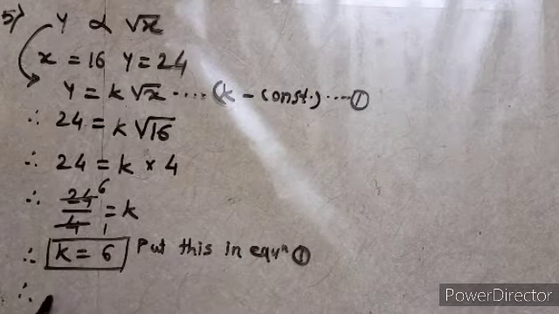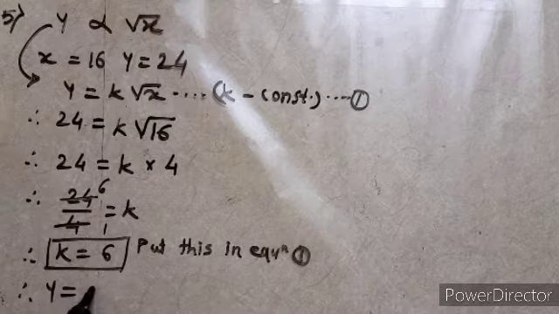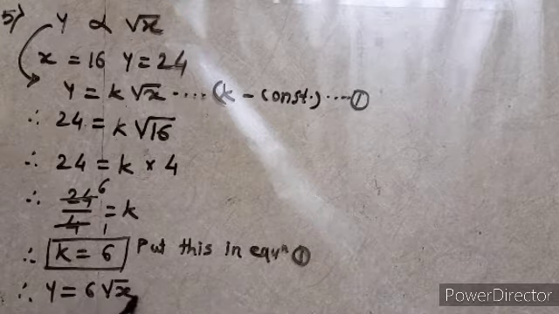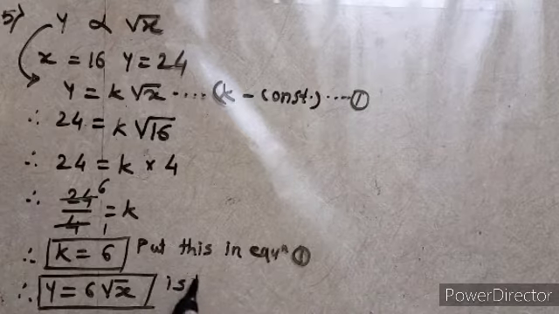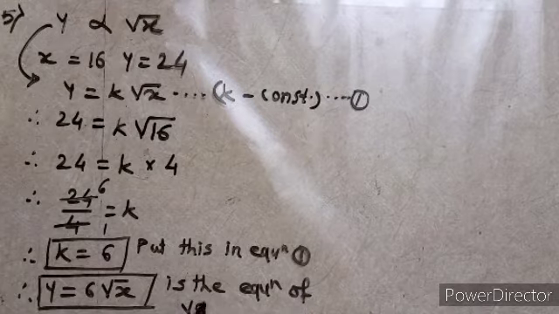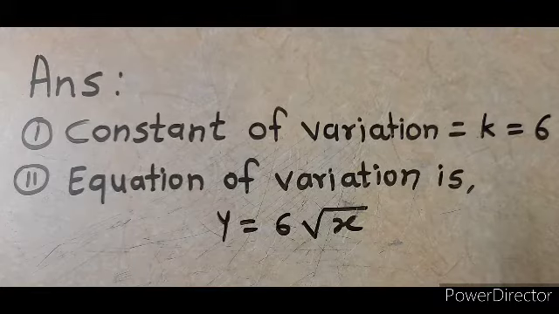So it becomes y is equal to 6 root x, and this is the equation of variation. So the answer of question number 5 is the constant of variation, that is k is equal to 6, and the equation of variation is y is equal to 6 root x.